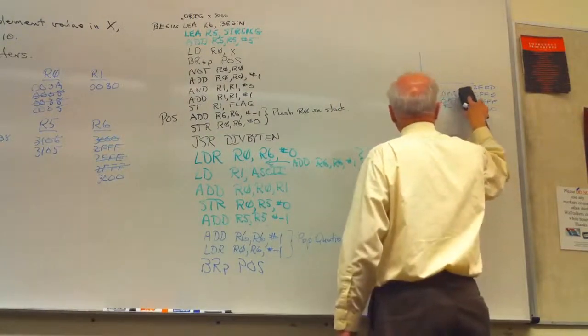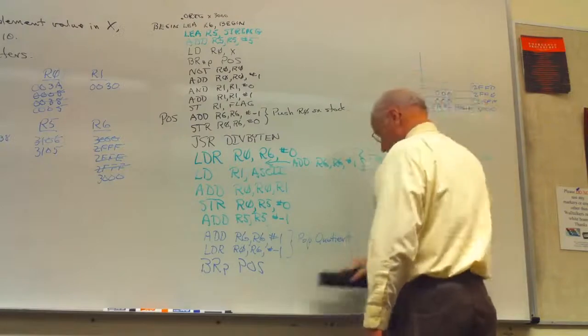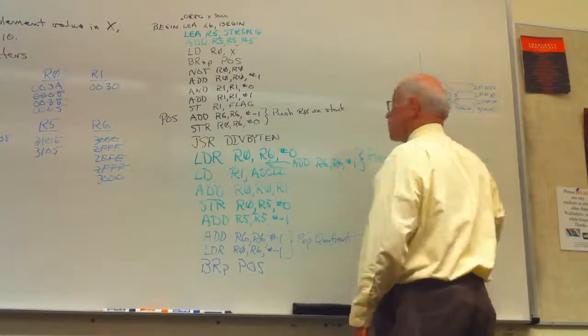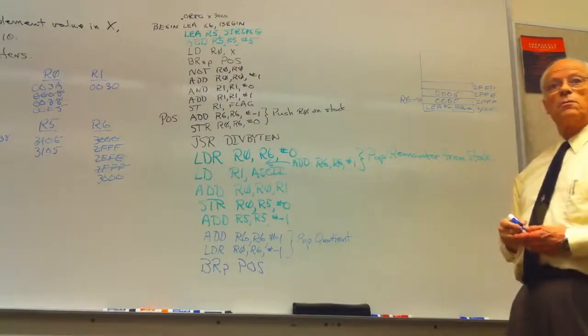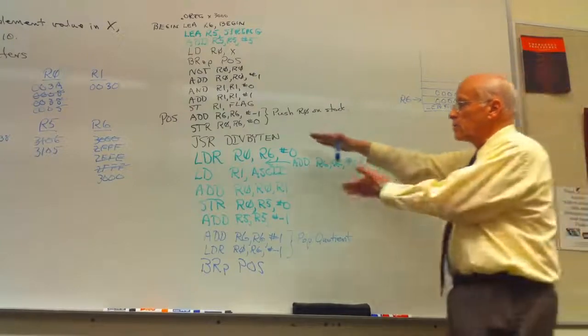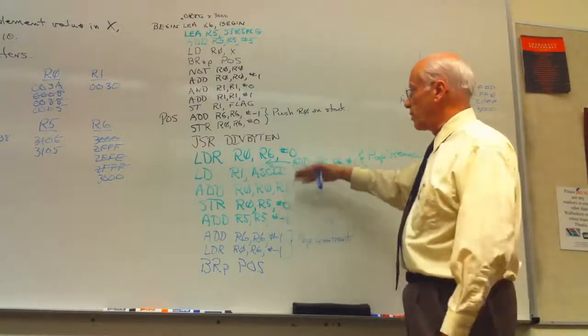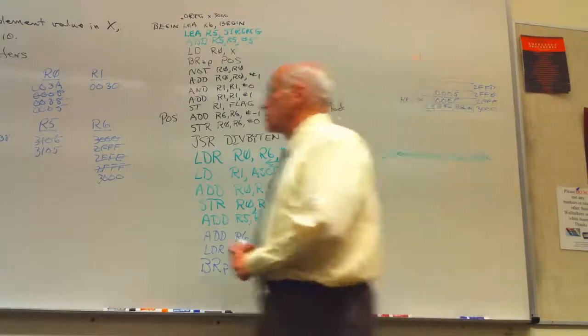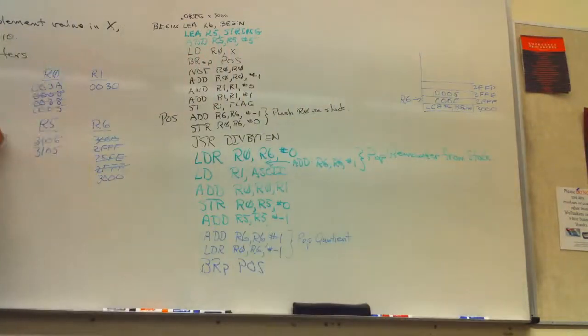Now, what's going to happen when I divide 5 by 10? I'm going to get a quotient of 0 and a remainder of 5. This is the key, the thing I need. I'll skip through most of this stuff here because we're out of time. What we do is we get the ASCII code onto this thing, and so we get now out of here a 35.